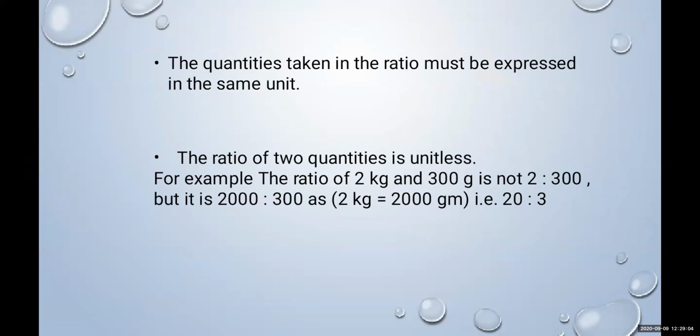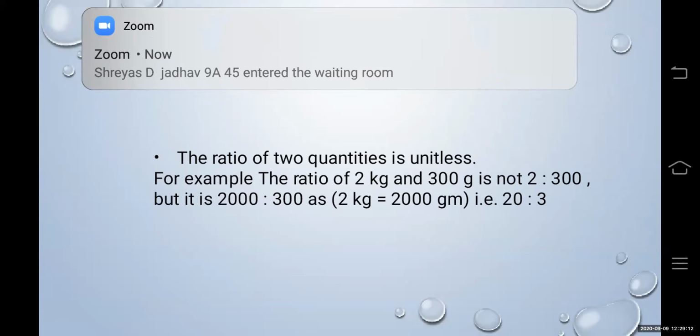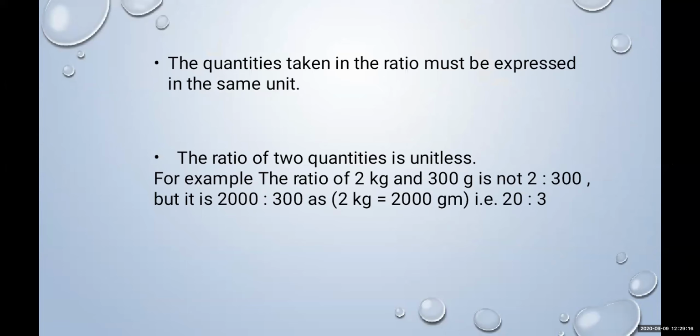So we have to convert them into the same unit. 2 kg is converted to 2000 gram, so we can compare them, 20 as to 3. Like this, we will solve exercise 4.1.